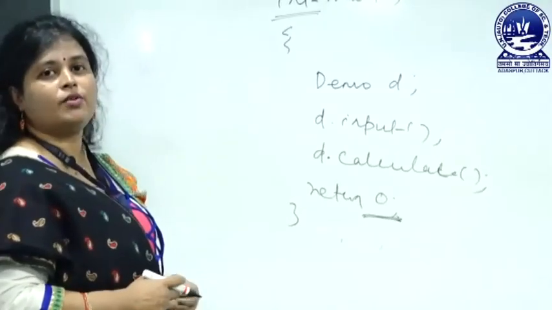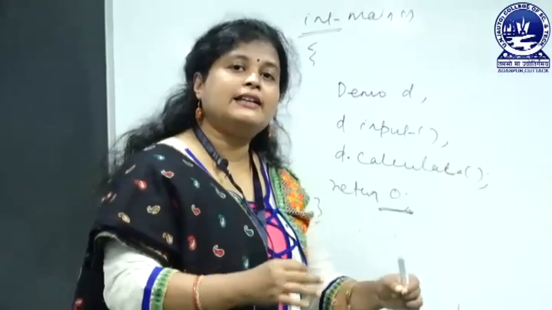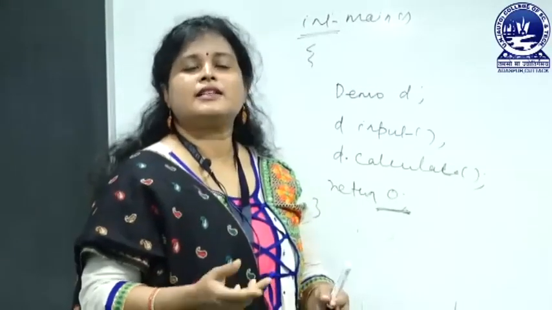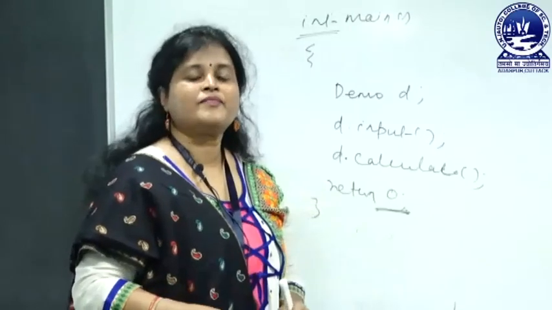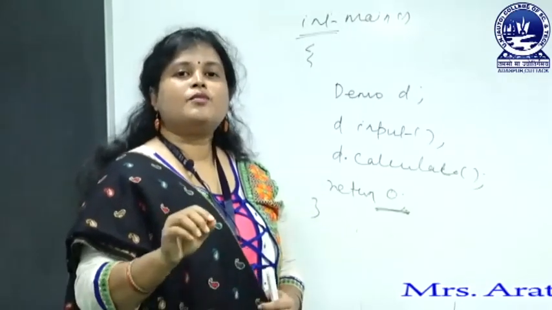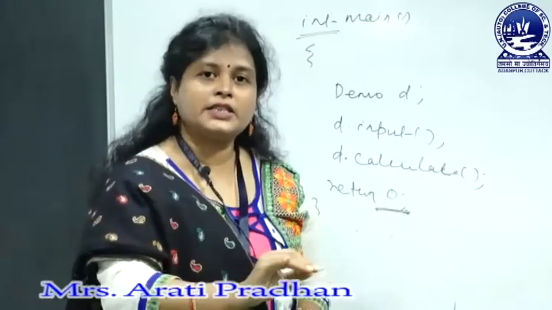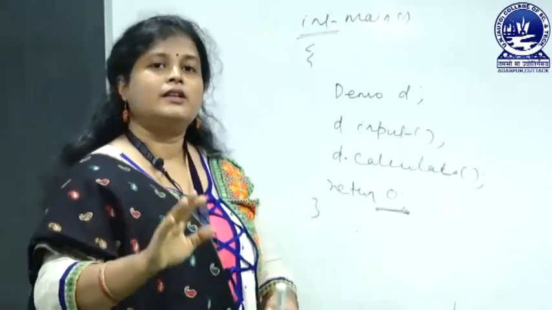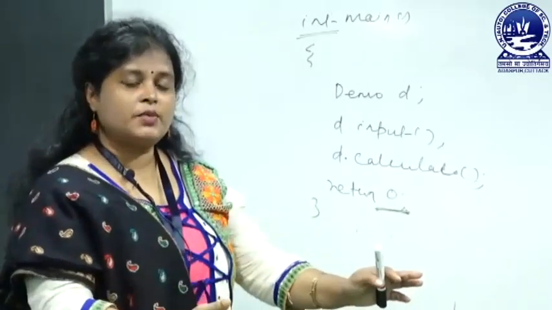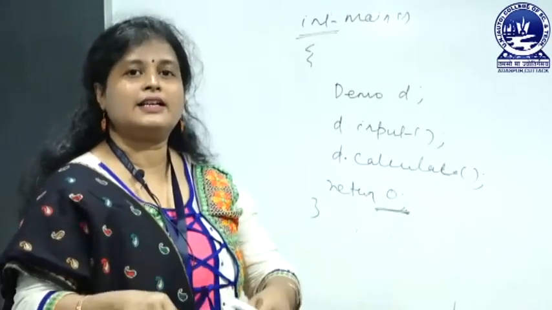When you are writing void main, it means that you need not return anything to the operating system. What is the necessity of returning any value to the operating system? Suppose someone is instructing you to do some task, it is your responsibility after completion of the task to respond to the person who has assigned you the task.